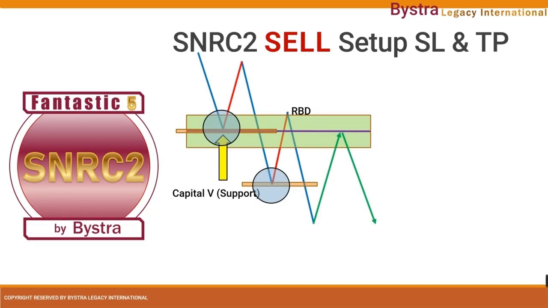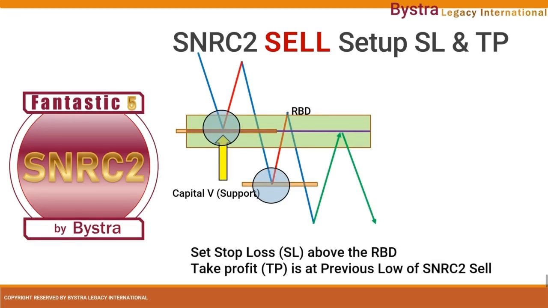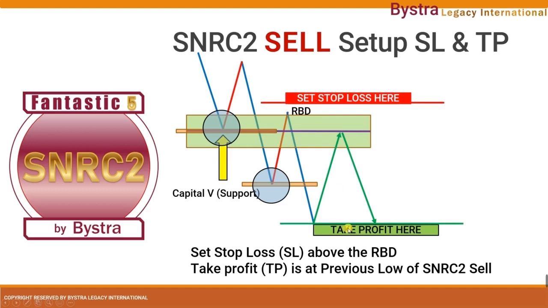For the SNRC2 sell, we need to put the SL above the rally base drop, about 5 pips above, and our take profit would be the previous low of the SNRC2 sell, in this case the previous support.